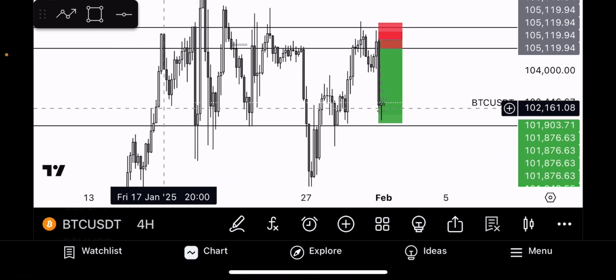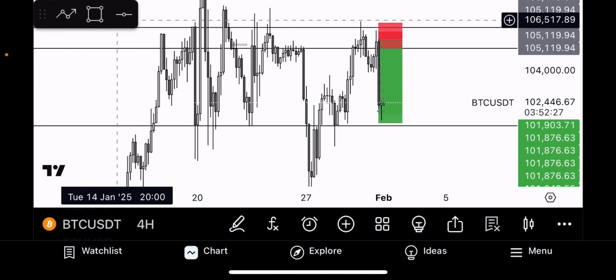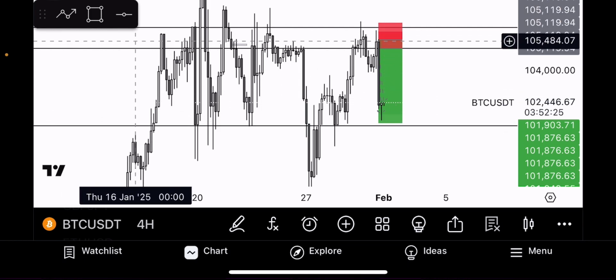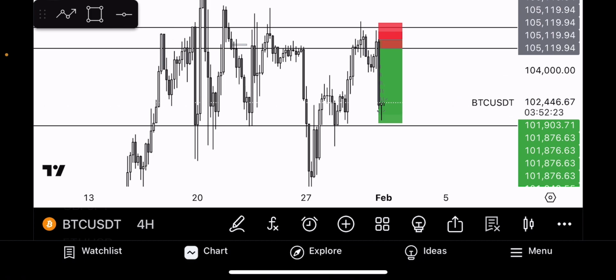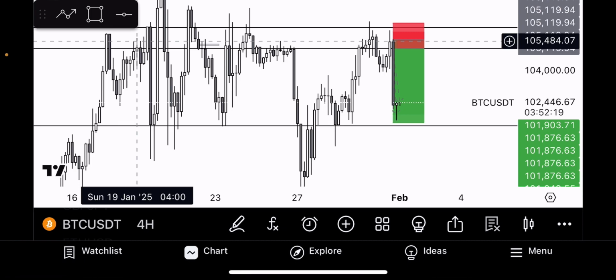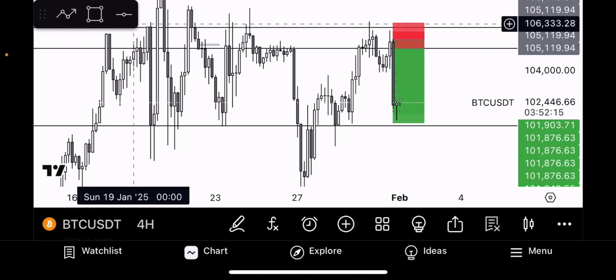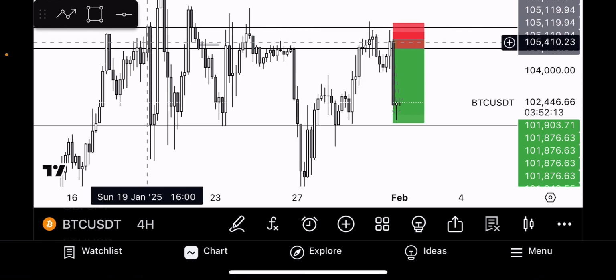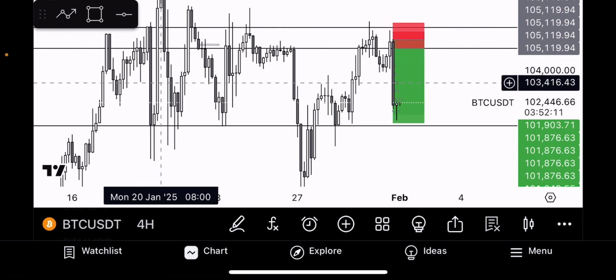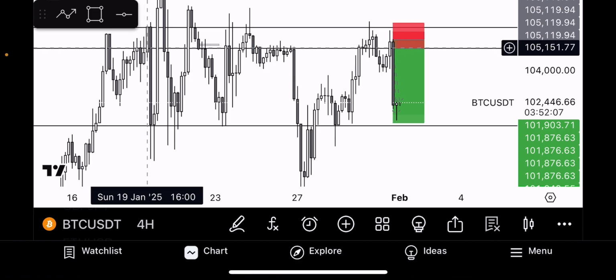So you see, up here, people might think BTC is going to just be going straight to all-time high, but we know BTC is coming down. So this is where my entry was, even though I almost hit my SL, but I didn't hit my SL because I know it is coming back.